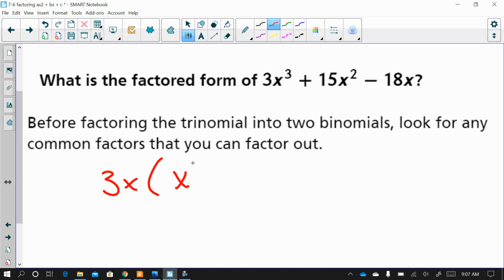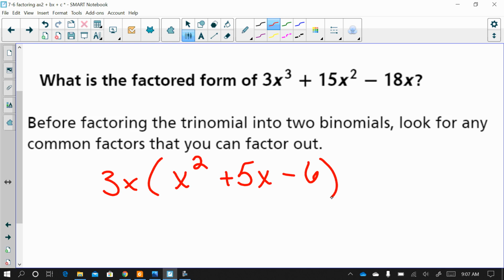So my answer is x squared. Okay, what times 3x gives me 15x squared? Well, 3 times 5, and x times x, so 5x. 3x times what gives me negative 18x? Well, 3 times negative 6 gives me negative 18. I have 1x and I took it away, so I don't need any more x's.